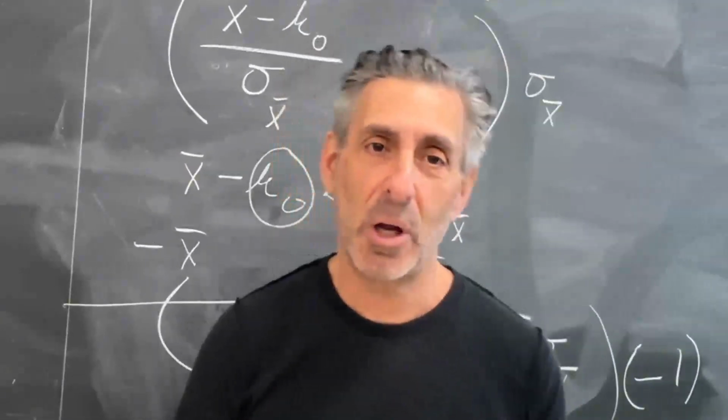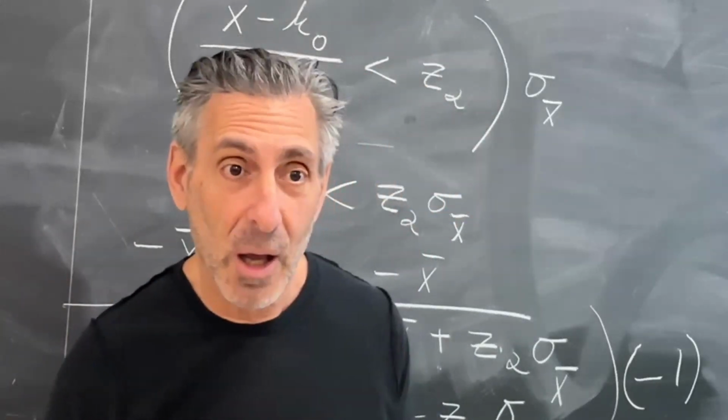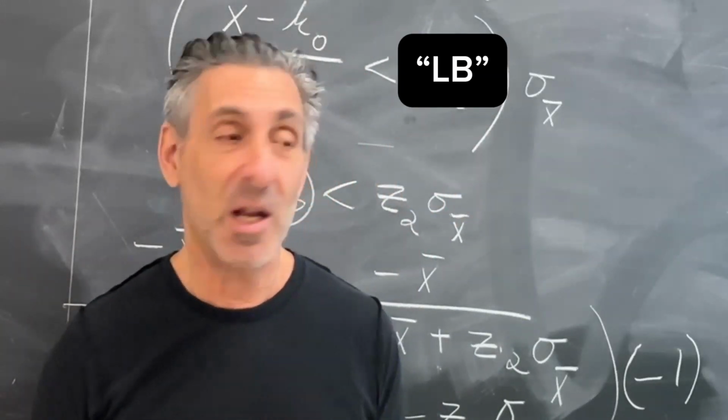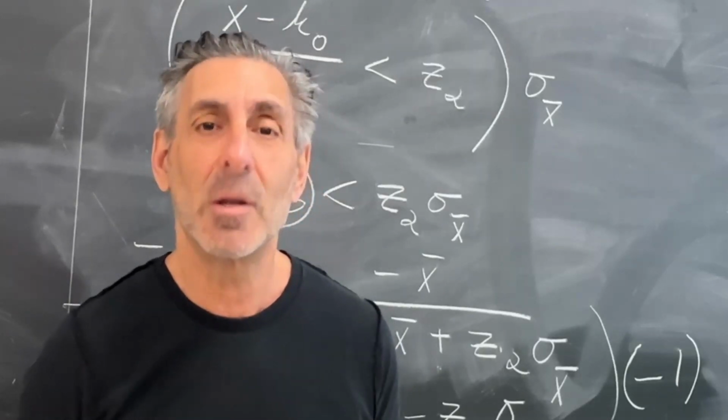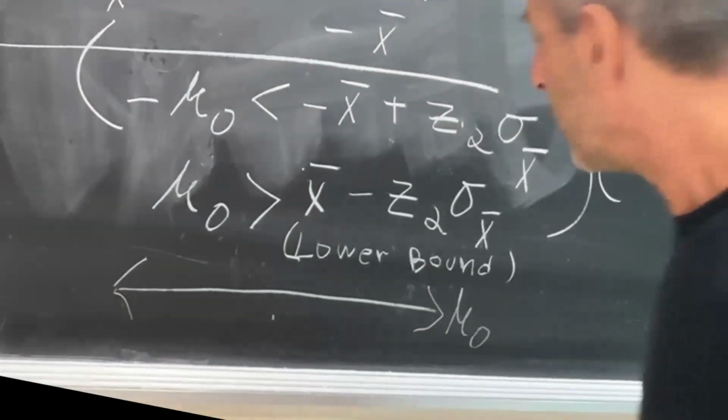And it is often true in our society that things are abbreviated, and so people often say LB instead of lower bound, but LB means lower bound. So let's put this in.